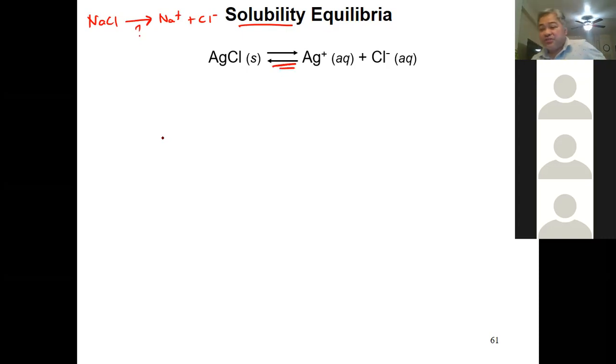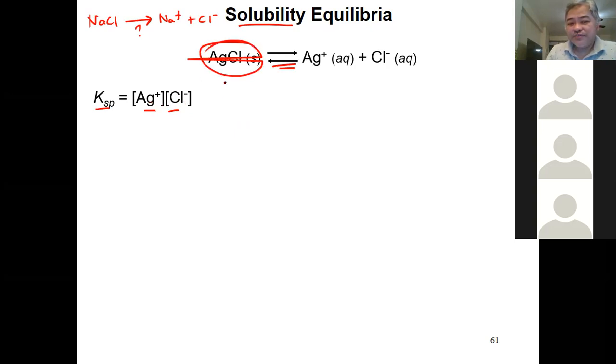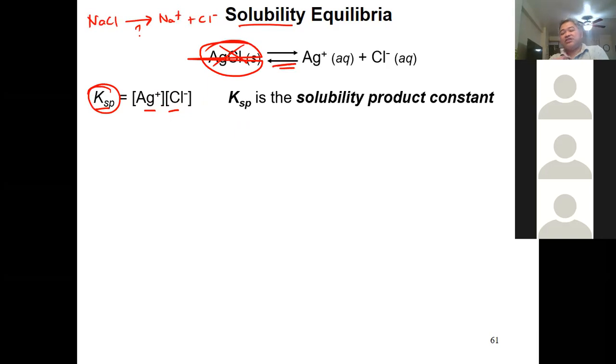Now, you can express a law of mass action there. So how are you going to write the expression for this? You have Ksp equals silver ion times chloride ion. Again, you don't include the solid. So you have here the Ksp, which is just the solubility product constant.